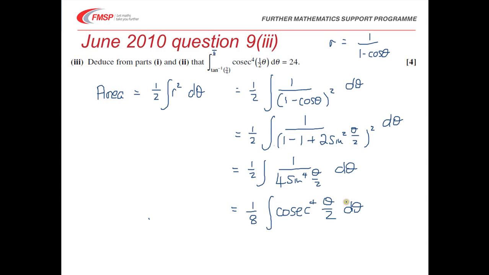Now that is an expression for the area that we're looking for, but of course we've already found that that area was equal to 3, because we found that in part 1.